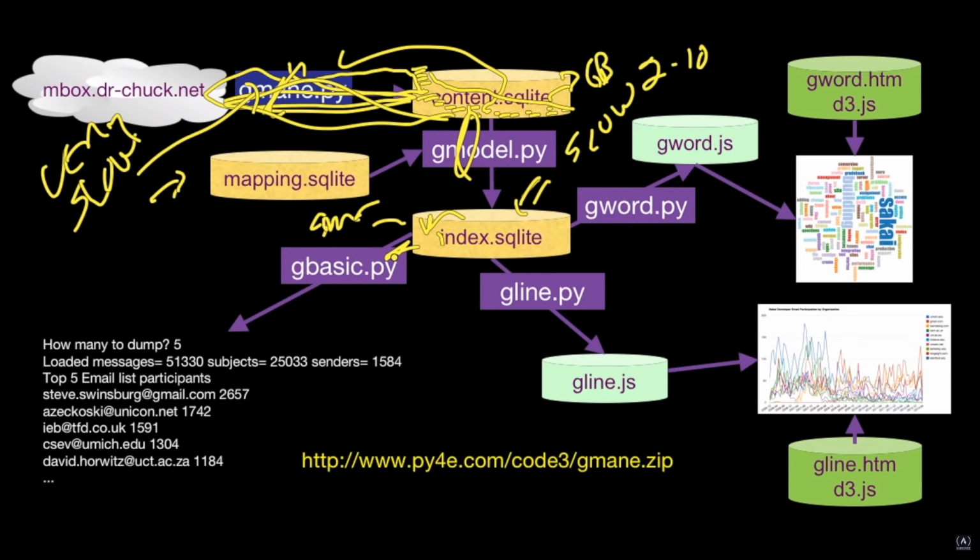So you can take a look at that using SQLite browser and take a look at the data model, and you'll see it looks just like the stuff we talked about in the database chapter. It's got foreign keys and all those things.